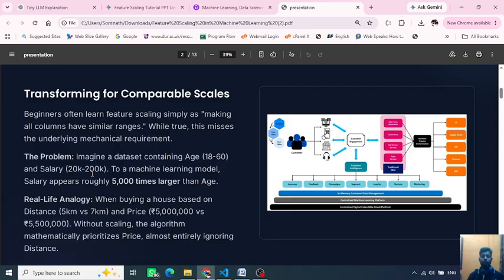So as some machine learning algorithms use distance calculation, in that case this high number actually affects the model. The model will actually be biased toward the high numbers.